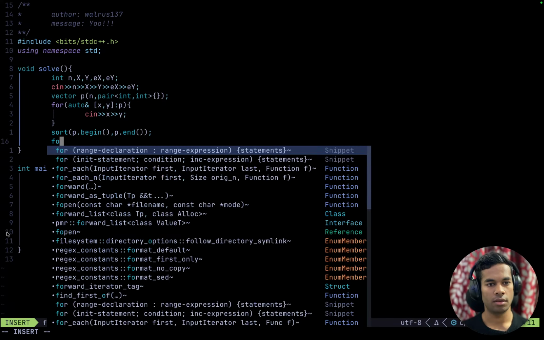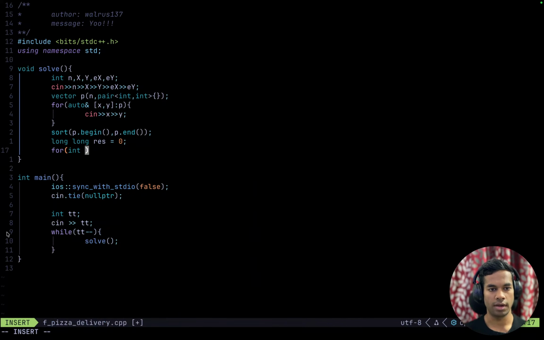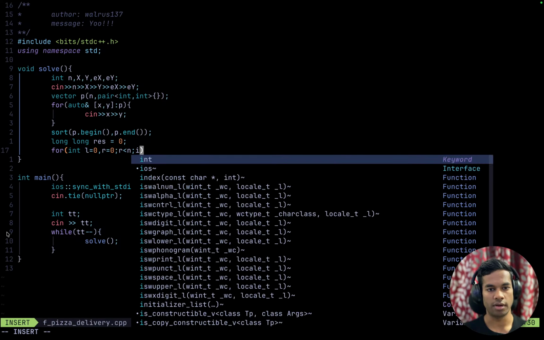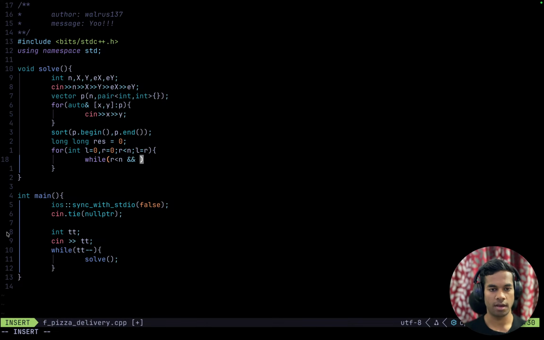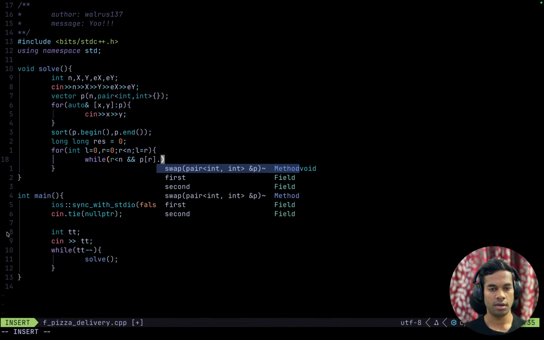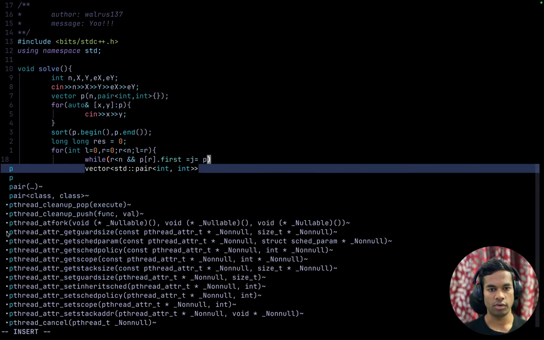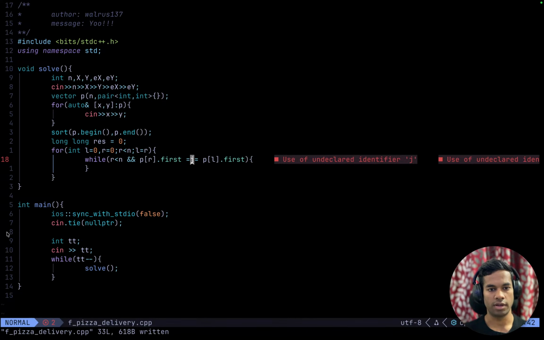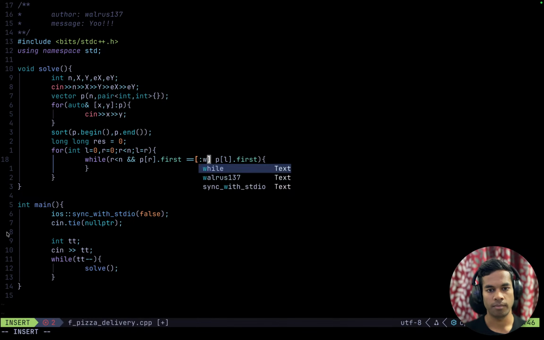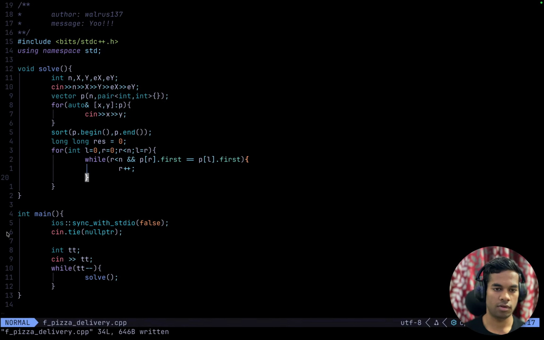Okay, and int l equals 0, and for r equals 0, r smaller than n, l equals r, while r smaller than n, and p r dot first equals p l dot first. Okay, while this is true, r plus plus.